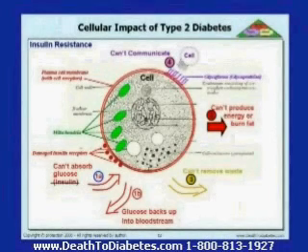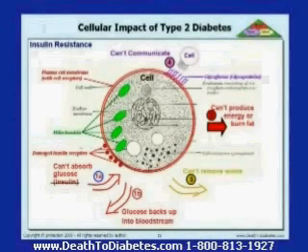And what happens to a diabetic is the outer shell of that cell becomes damaged. It becomes inflamed. And the insulin receptors lose the ability to recognize insulin. If the insulin receptors cannot recognize insulin, then glucose can't get into the cell.